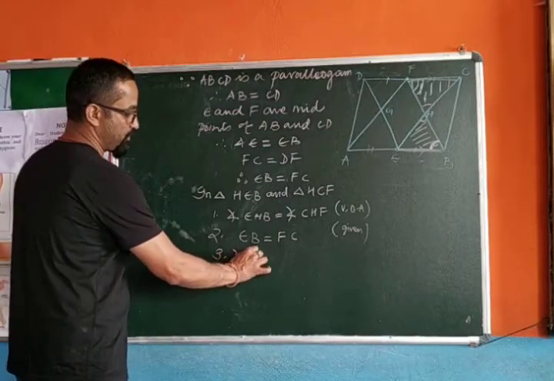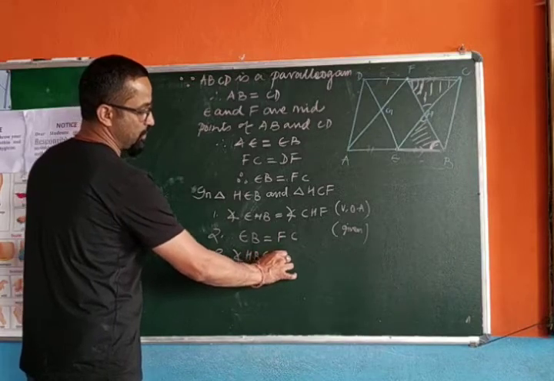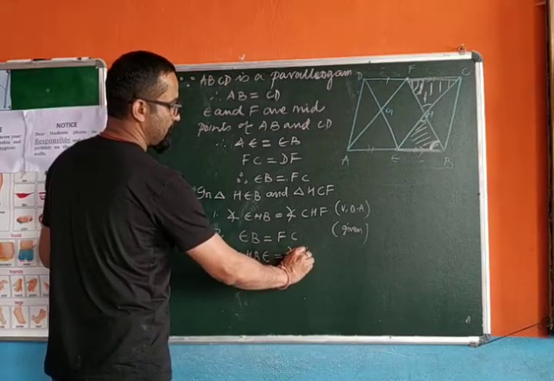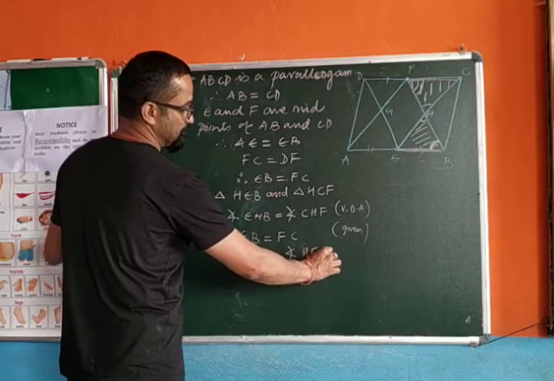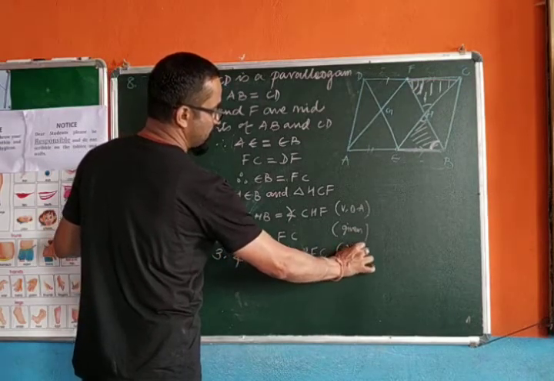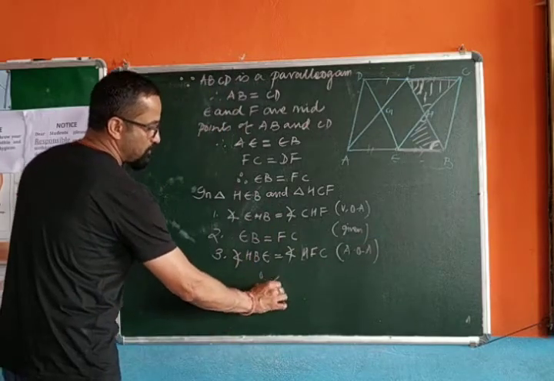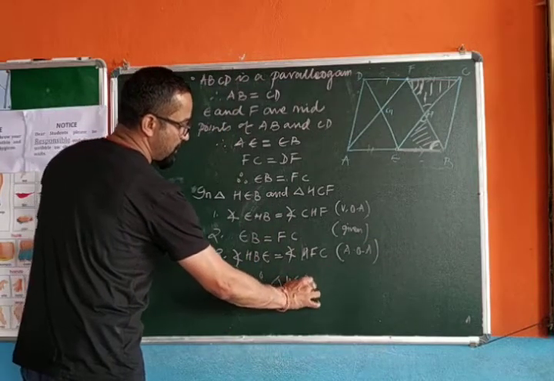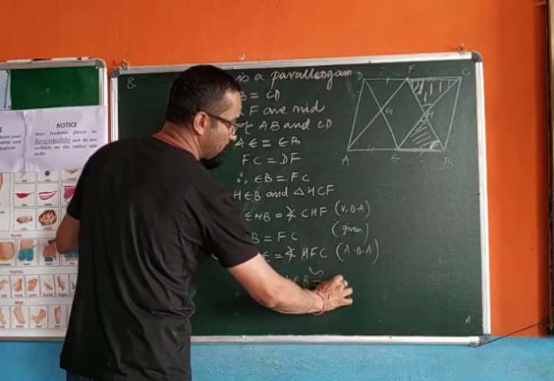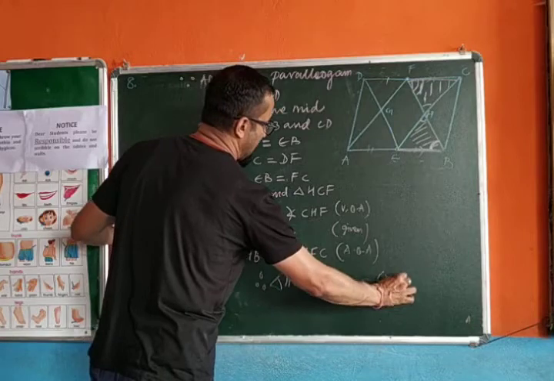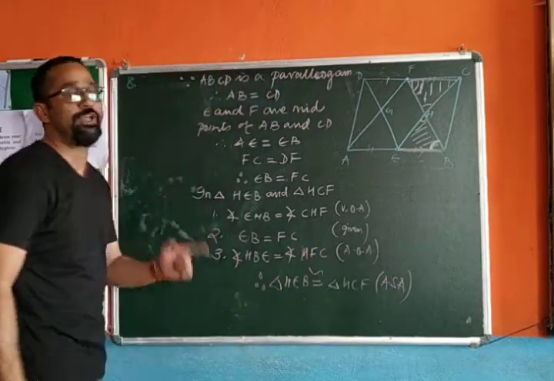Angle HBE is equal to angle HFC, alternate angles. Therefore, triangle HEB is congruent to triangle HCF by the angle side angle rule of congruency.